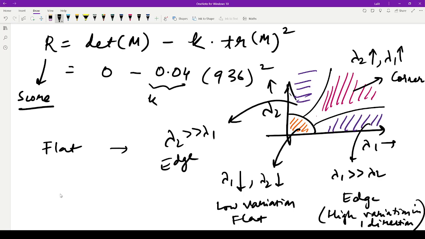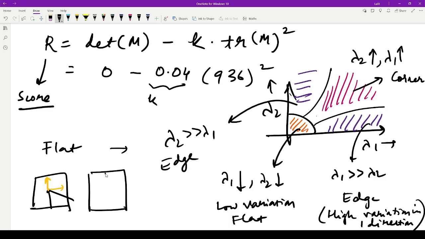If in all directions your gradient is changing way too fast, that means it's a corner. If in one direction the gradient is changing and in the other it is not, then it's an edge. For instance, using the class example, these are not the principal directions, but for both cases it will lie in this region.